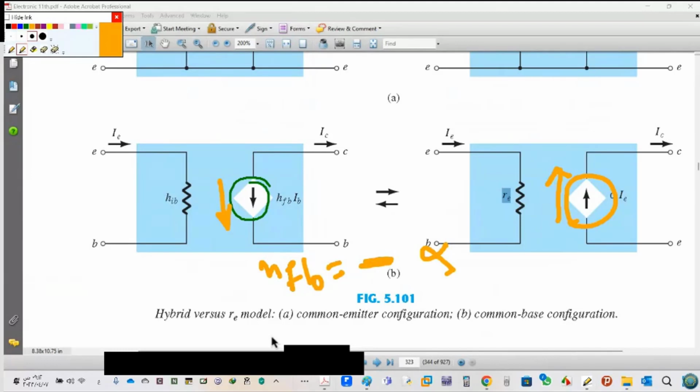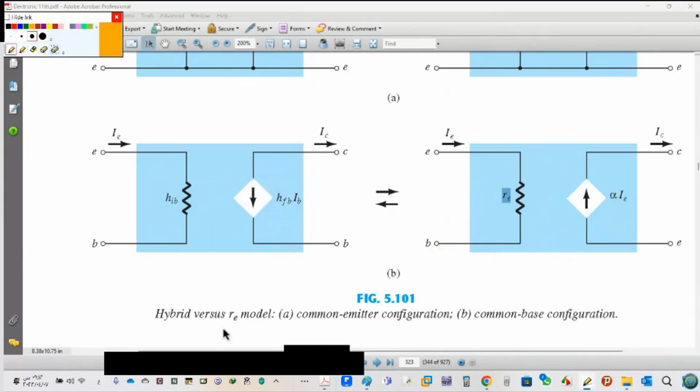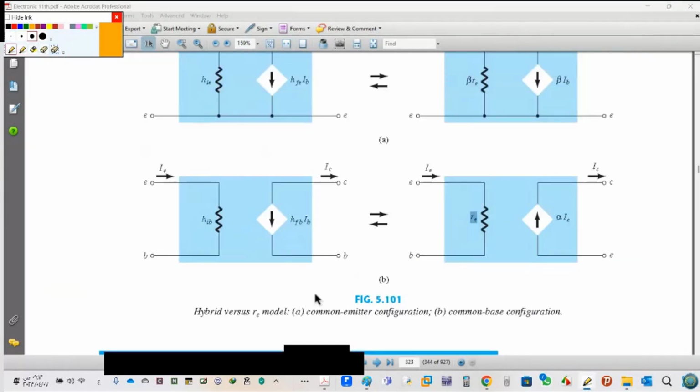Because the hybrid is a common model for both common emitter and common base. So for common base and common emitter it is the same. For common base we are going to use minus because of its direction. Clear for you? Got it? So take care about the minus.